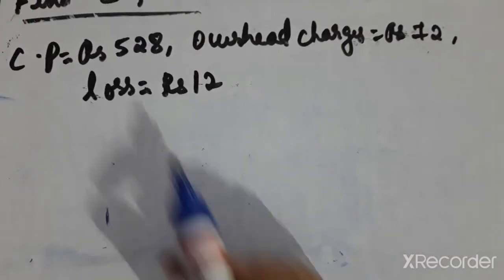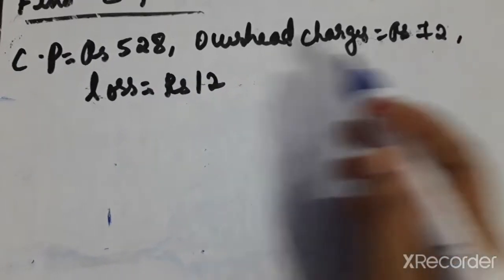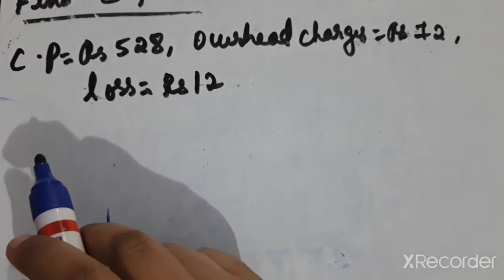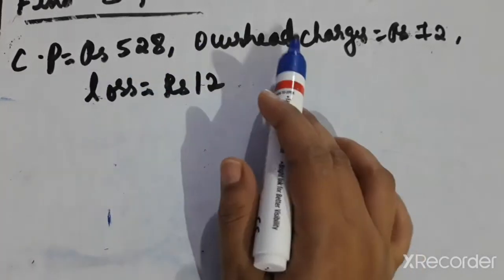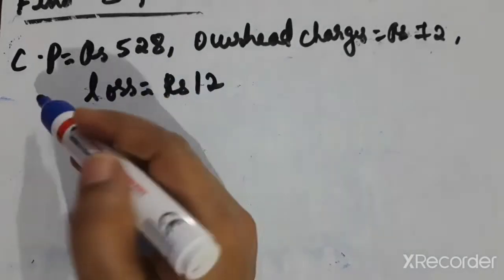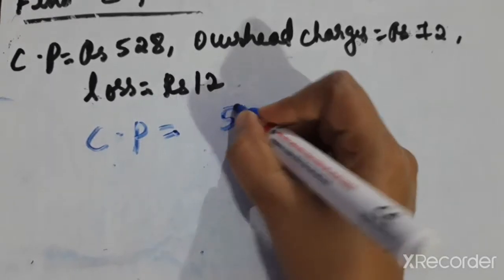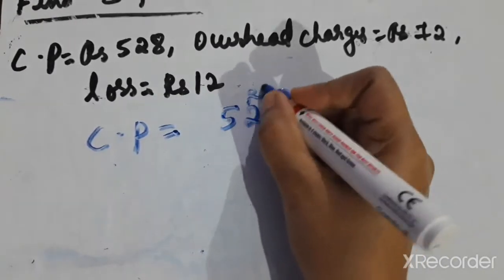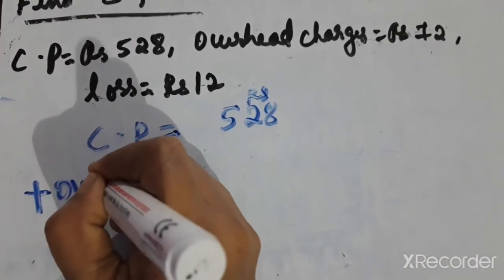Now here cost price is rupees 528, overhead charges is rupees 72, loss is rupees 12. We have to find the selling price. So here overhead charges are given, so we have to add overhead charges with cost price, then we get the new cost price. So cost price equals 528 rupees plus overhead charges.